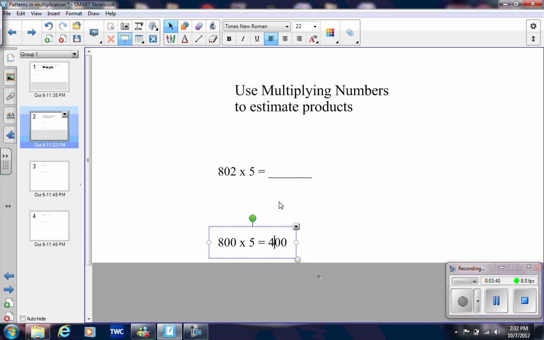Now there are 2 zeros added onto the back because I got a 0 here and a 0 here. Now it looks like there are 3 zeros, but just pay attention that I had 8 times 5 to get 40 to start with, and then I added 2 zeros to the back for those 2 zeros on the end. So again, I'm going to be doing the exact answer coming up in the next lesson after this, where we start multiplying numbers and get the exact answer.